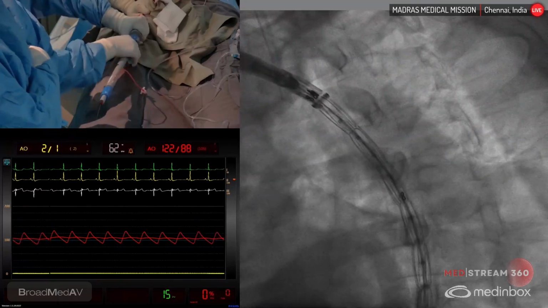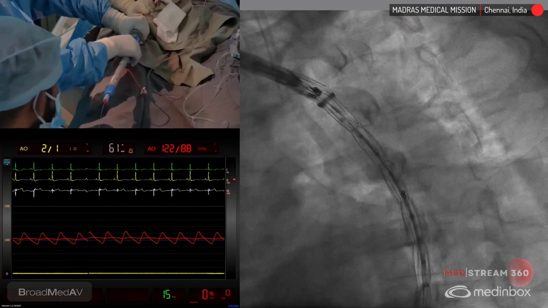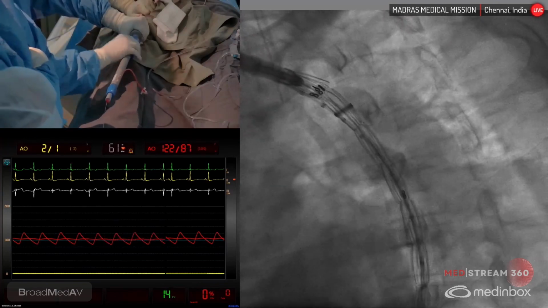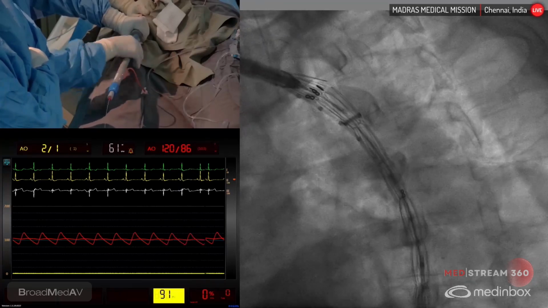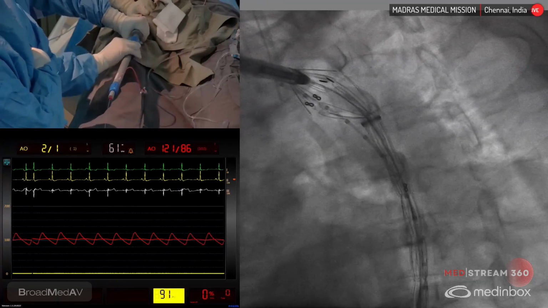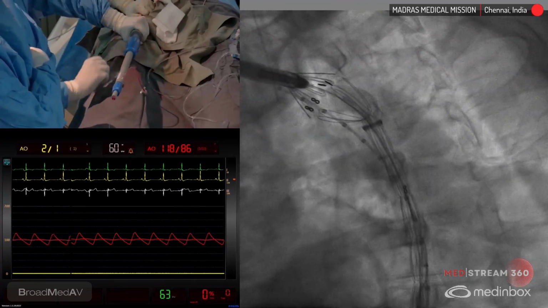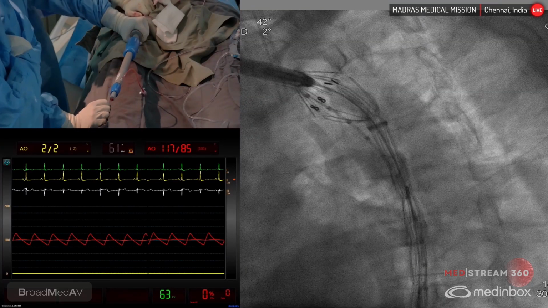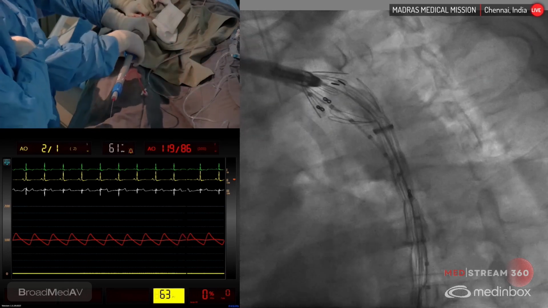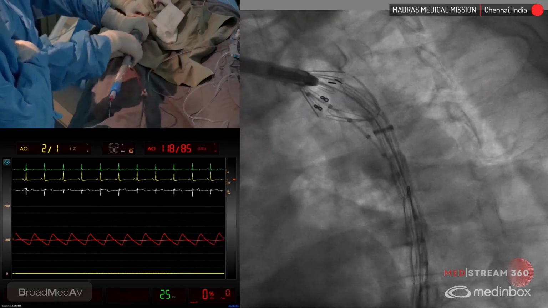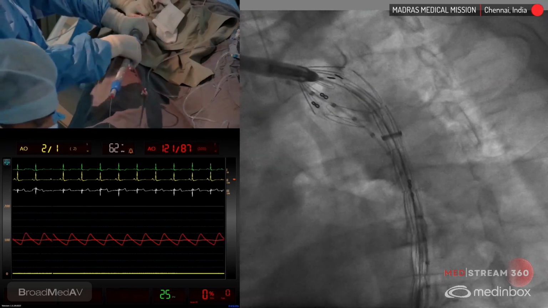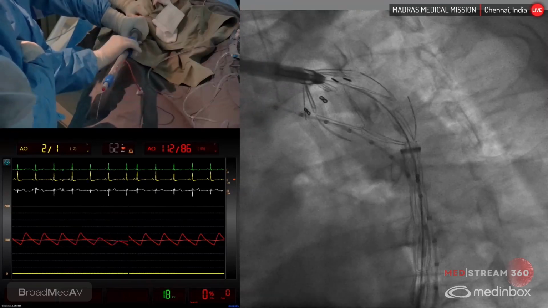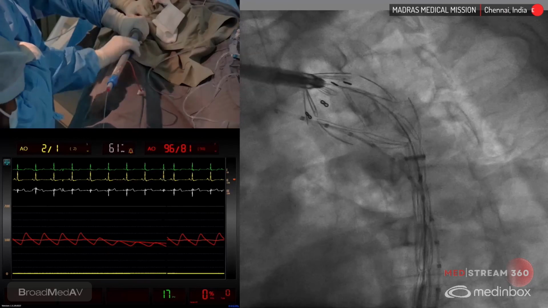Now you see the figure of 8 has come out. We have to deploy 2 stents. So we have deployed 2 stents. The nose cap is still remaining captured. Okay, I'll deploy the third stent now. See, it jumped a little, but anyway, we have prepared for that.